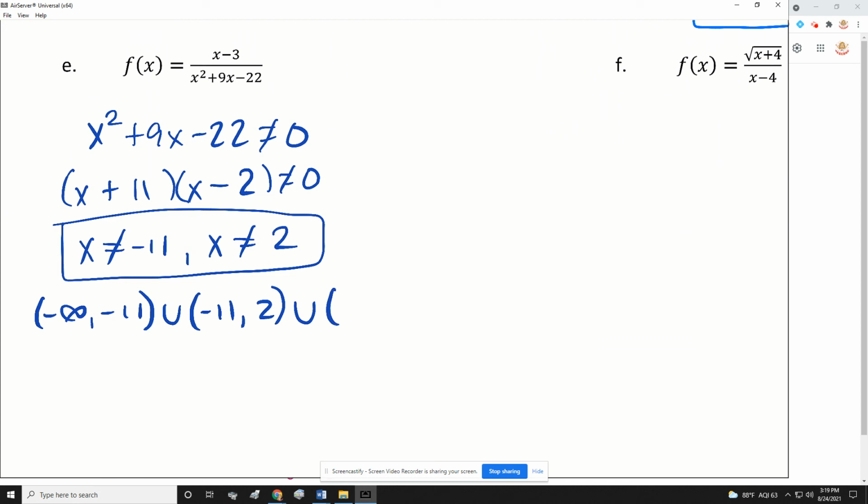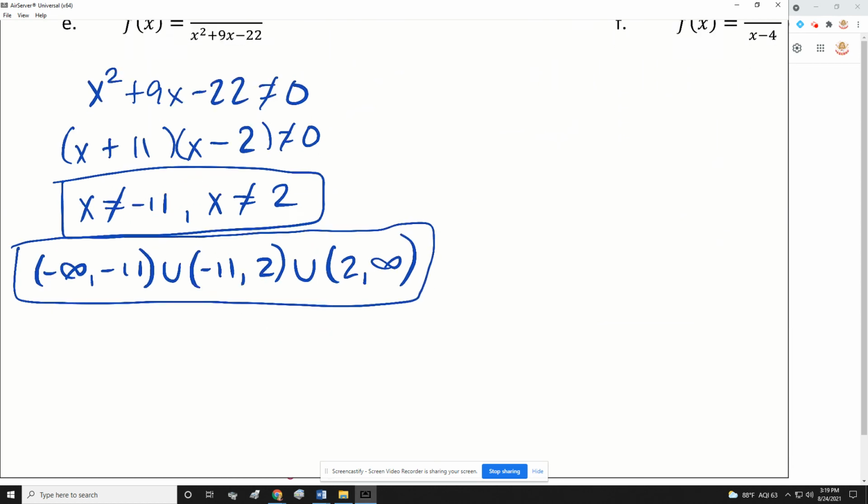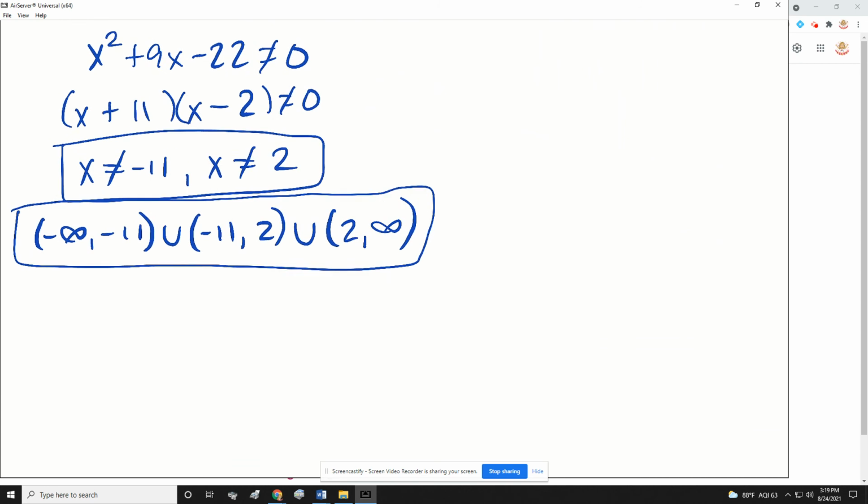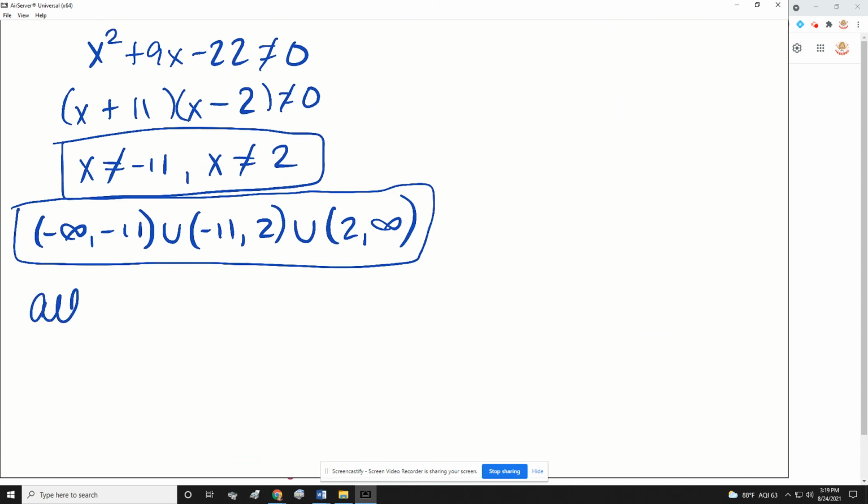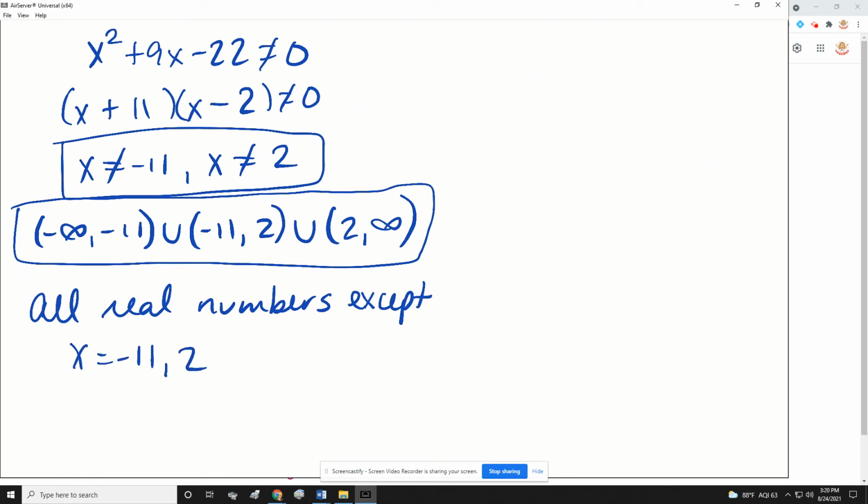And then you pick back up on the other side of 2 to infinity. All right. And so in words, this is all real numbers except x equals negative 11 and 2.